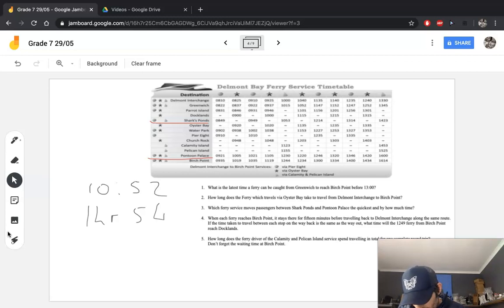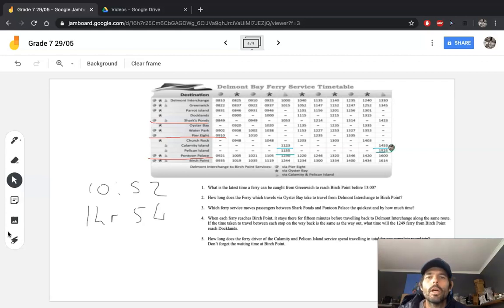Okay, so here is Pier 8 over here. And there's also a ferry service that goes from Shark Pond to Pontoon Palace, and that goes via Calamity and Pelican Island. So it stops at Calamity and Pelican Island.